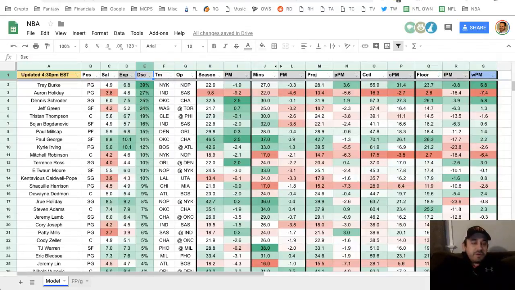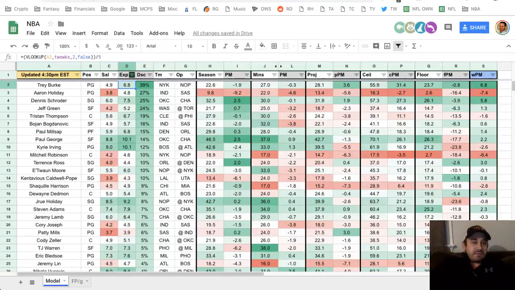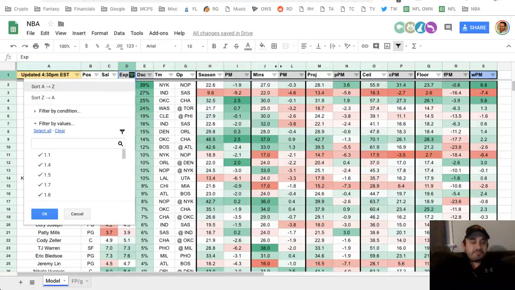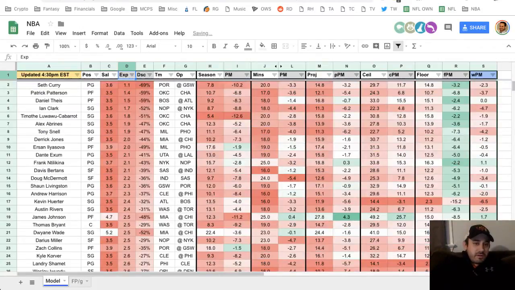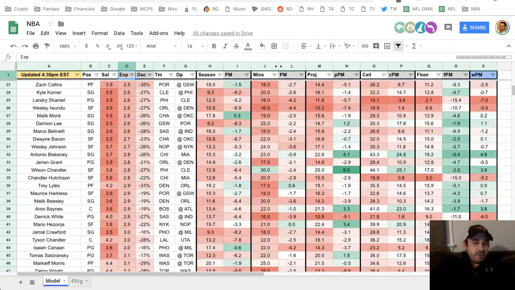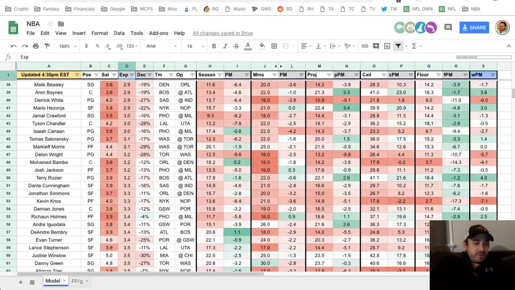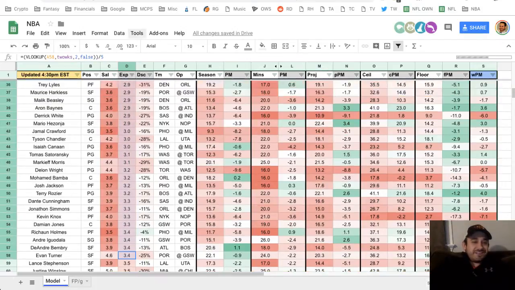And what I was referring to here, I'm going to just sort by ascending, by expected fantasy points. And so this is kind of cool: anybody who is under 3,500 is unrosterable, theoretically. Why is that?